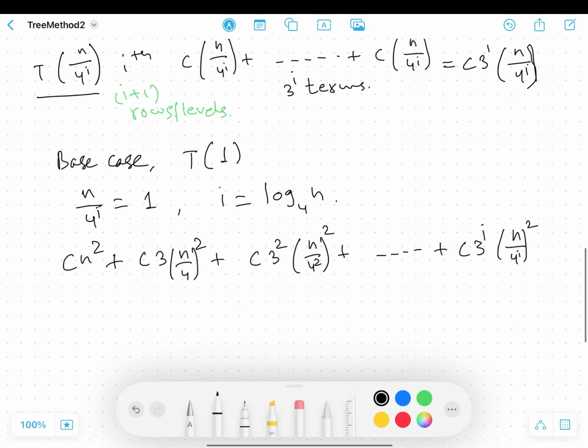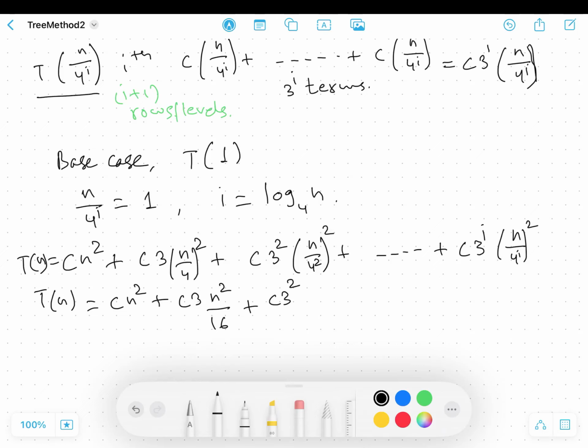Or we can write it like this. Cn square plus C3 n square upon 16 plus C3 square. So we are expanding the outer square for 4.